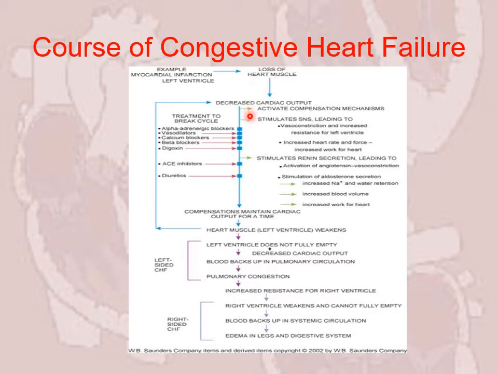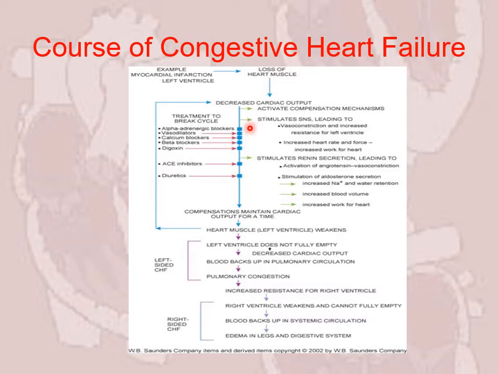And the compensation mechanisms: you're stimulating the sympathetic nervous system to make the heart beat faster. So also vasoconstriction and increased resistance for the left ventricle. Increased heart rate and force increase work for the heart.